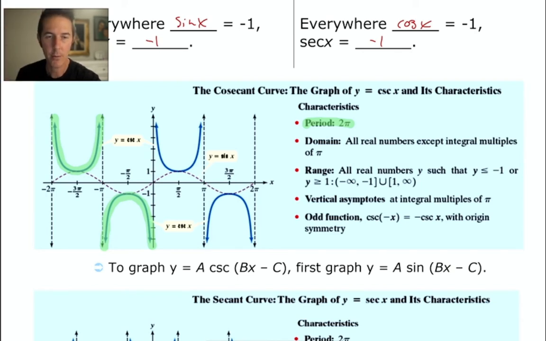So we're leaving out all of the y values between -1 and +1. So check out how they wrote the range here. The range does contain the -1 and +1. Vertical asymptotes are happening at integer multiples of pi.